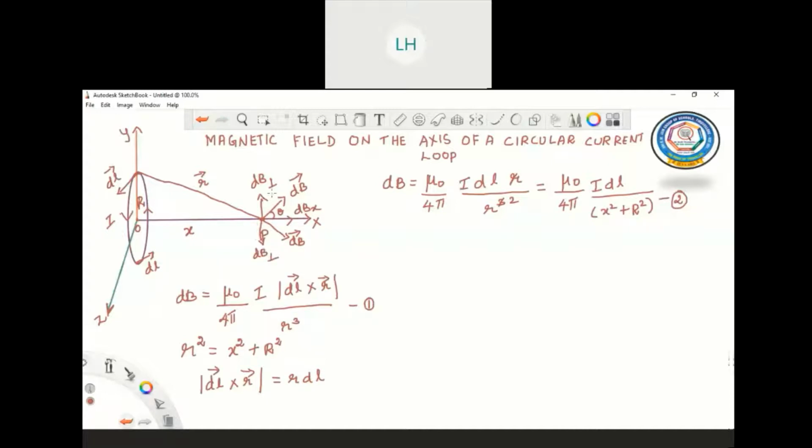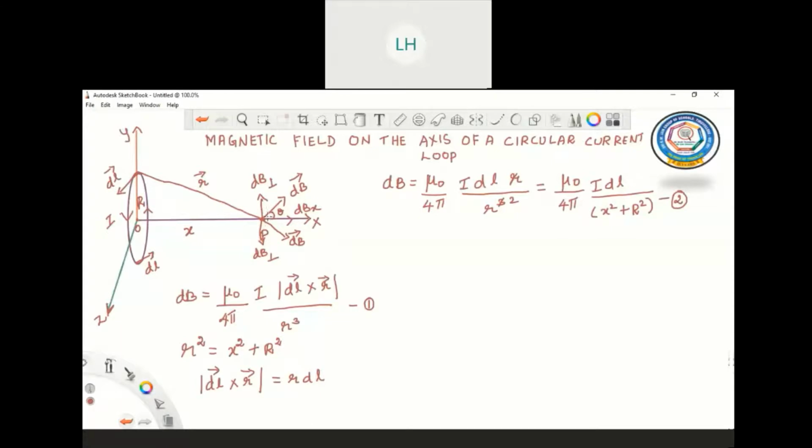Okay, children. So this is a very important part here, children. So this point is P and you are resolving this into two components. That is, one will be along the x-axis and another one is along the y-axis. Okay. So here we are going to add, look at this perpendicular component. These perpendicular components are equal in magnitude but opposite in direction. So these two components get cancelled out.